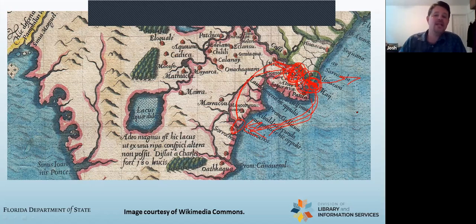But Menendez renames Fort Caroline Fort San Mateo and leaves a garrison there and starts heading back to St. Augustine, which was his home base, fully expecting that he might actually meet the French Armada that had gone down there to try and deal with him at the same time he was heading up to Fort Caroline.